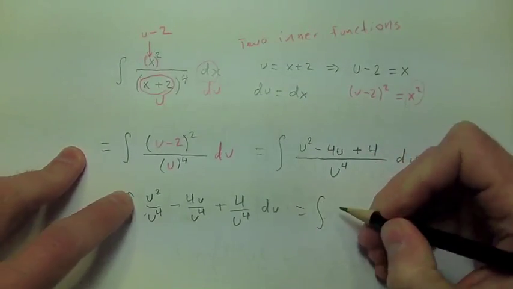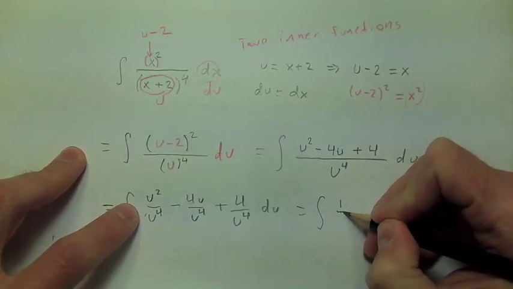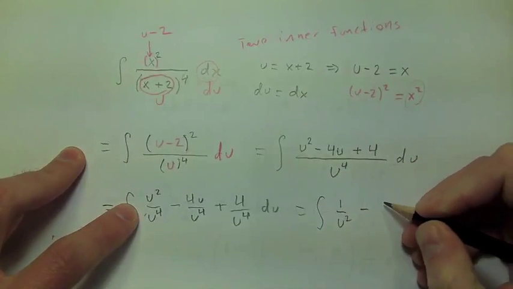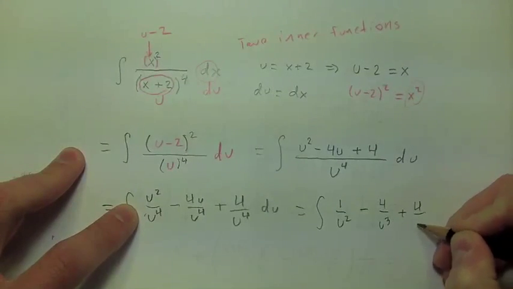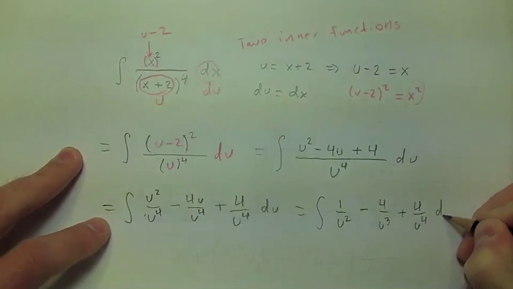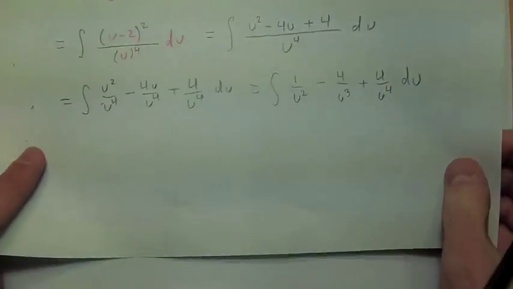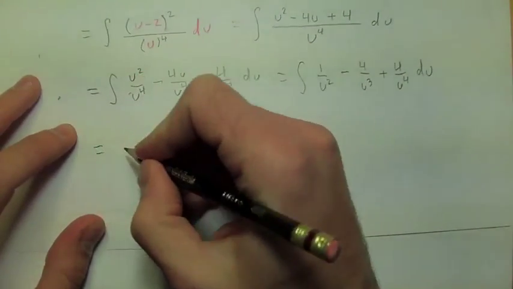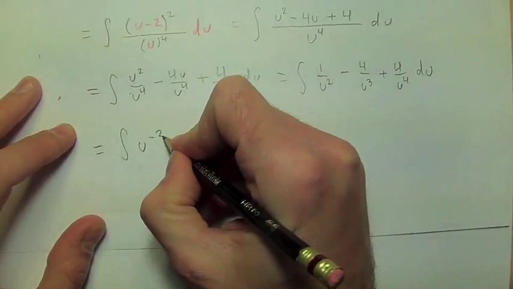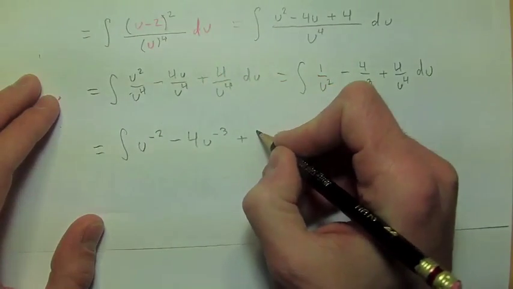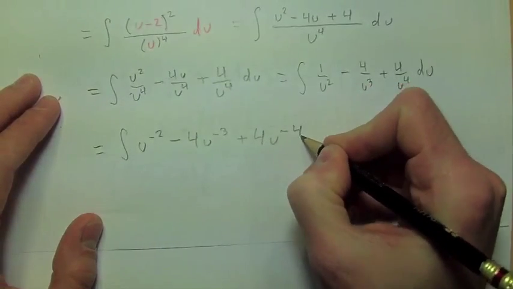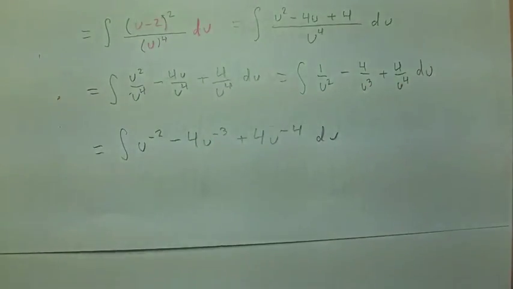Which most of you would probably just skip to this step. This is 1 over u squared minus 4 over u cubed plus 4 over u to the 4th, which you will in turn make these powers. This is u to the negative 2 minus 4u to the negative 3 plus 4u to the negative 4 du. And now it's just a matter of using the backwards power rule.